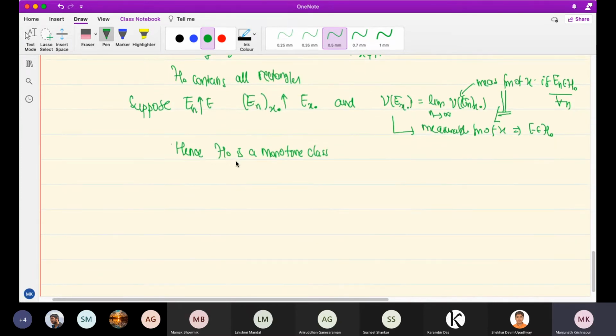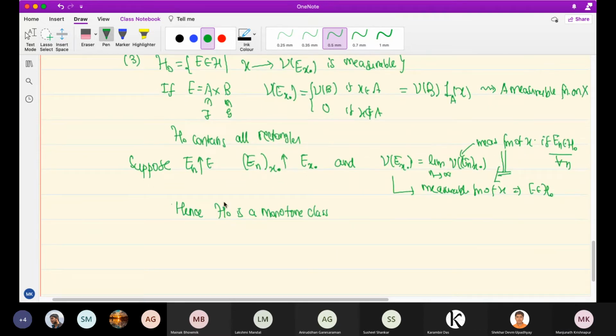So what is it then? What works? So the monotone class theorem, what does it say? So is it equal to H? So let me ask. The monotone class generated by rectangles will be the sigma algebra, right?